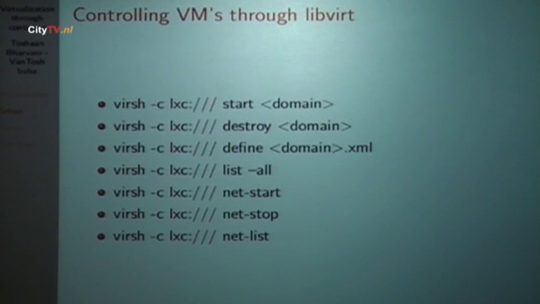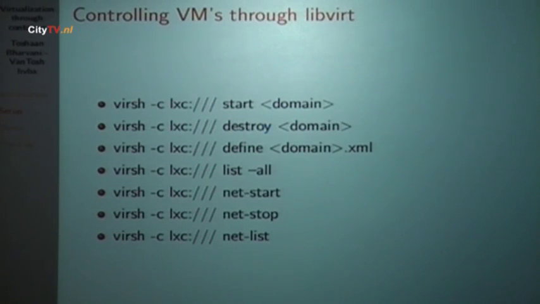So how do you control VMs through libvirt? You use the virsh command. By default, it will connect to the QEMU backend. So what you need to tell it is, I don't want to connect to a QEMU backend, but I want to connect to the LXC backend. And then the commands are the same as you could do with normal libvirt.